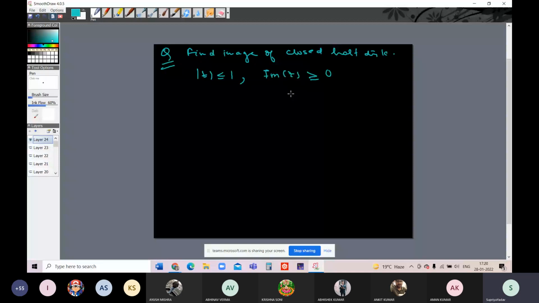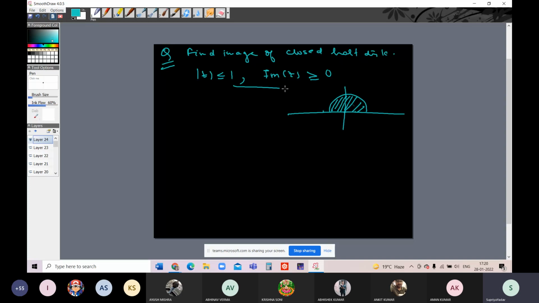It means a unit closed disk about the origin of radius 1, but the imaginary part is greater than or equal to 0. It means that we have this type of semi-closed half disk, which we get here on the half plane. This will be the region, it is denoted by here.